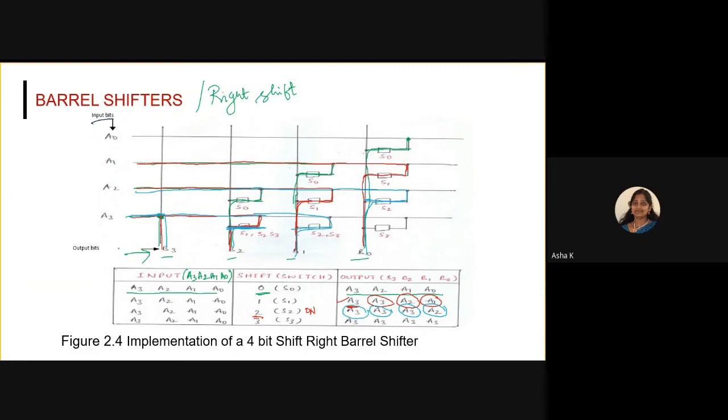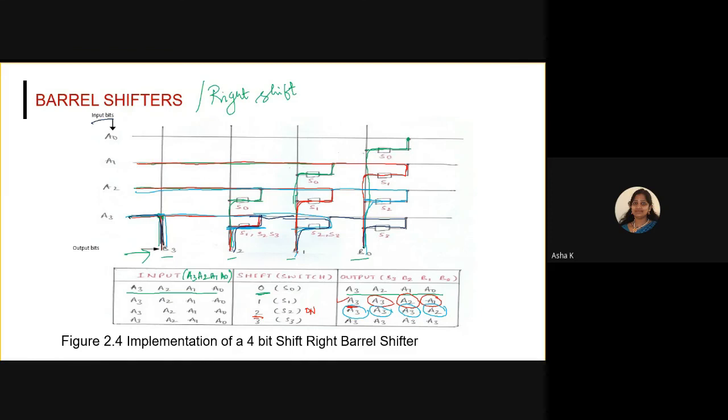Coming to the next case, that is the last one, when switch S3 is on. When S3 is on, just observe, B0 is A3, B1 is A3, B2 is A3 and B3 is also A3.